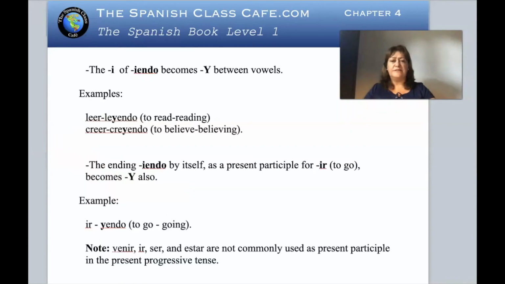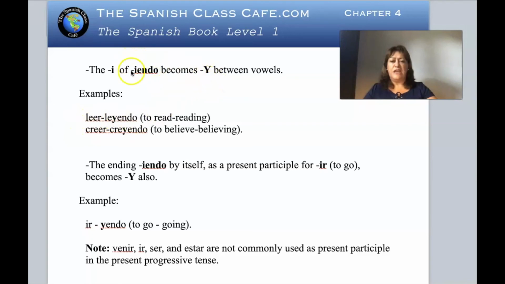Okay, now let's see here the exceptions. For some of the verbs, when the verb has two vowels, then we're going to change the I to a Y. Leer becomes leyendo.